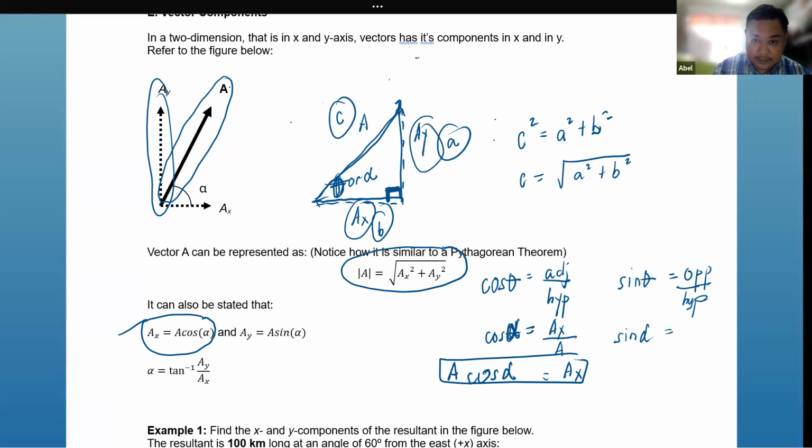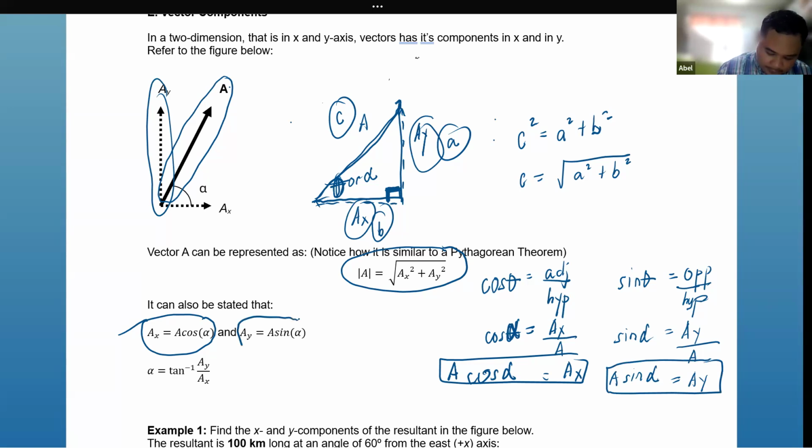So that would be AY over the hypotenuse, which is this A. And so we have now AY is A multiplied by sine alpha. So we have now the vertical and horizontal components. This is the vertical or y component of the vector, and this is the horizontal or x component of the vector.